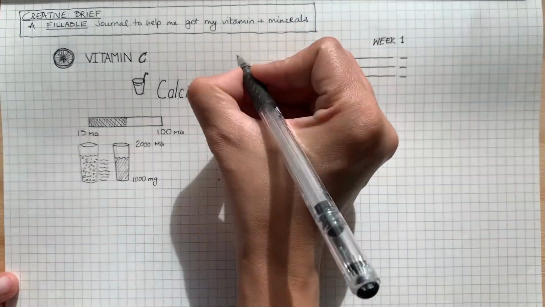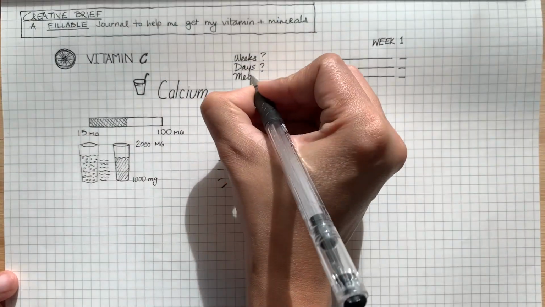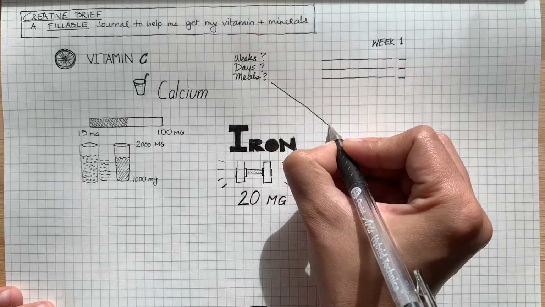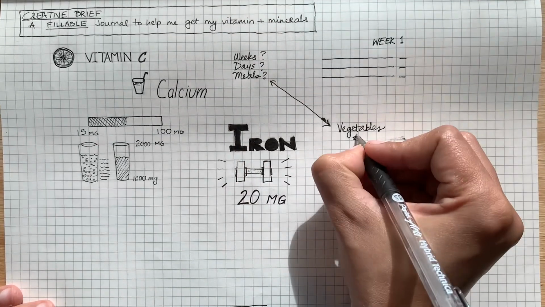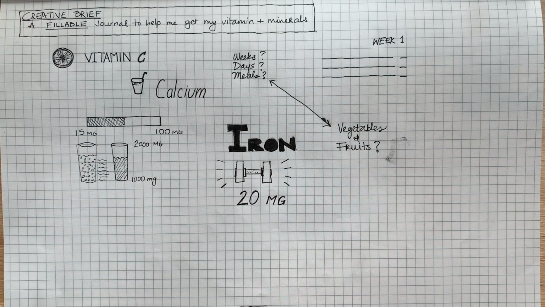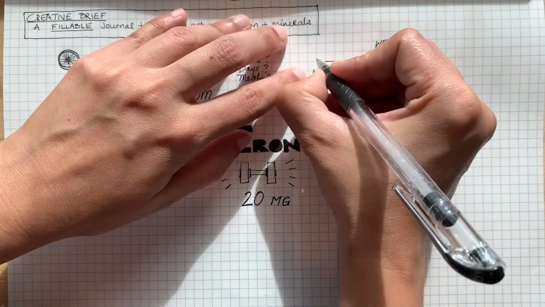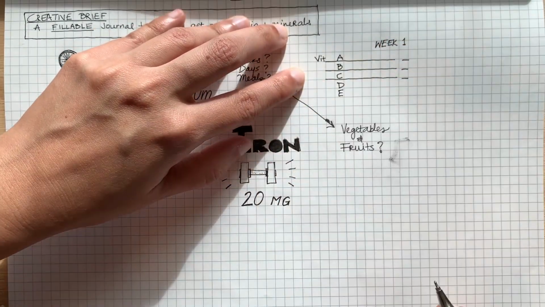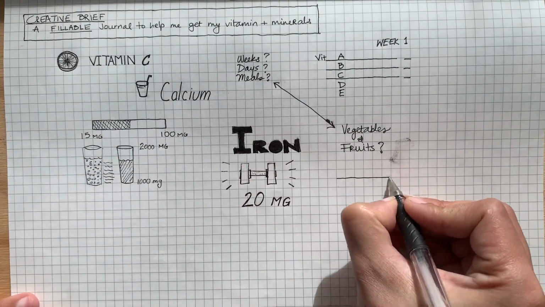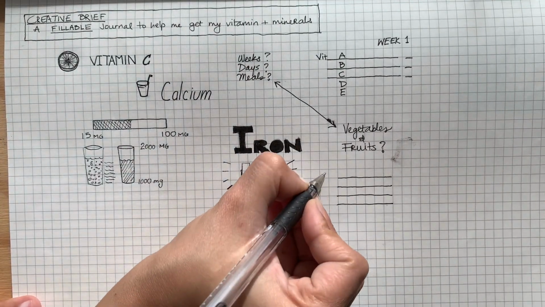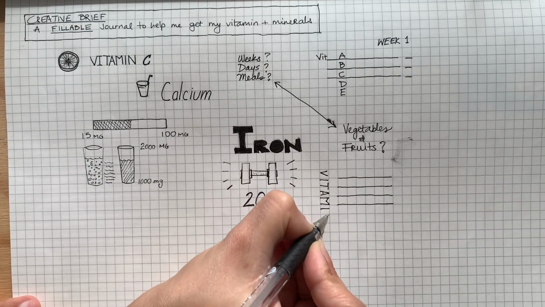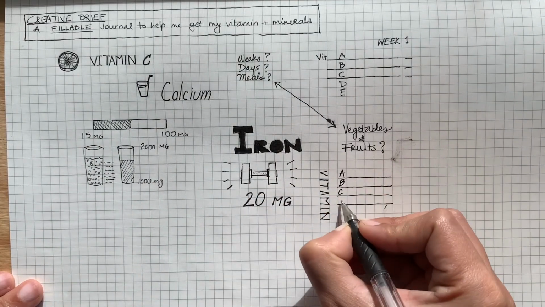And then I also wanted to think about how I want to organize this journal or tracker or whatever you want to call it. So I'm taking notes as well. I'm thinking, okay, do I want to track it per week? Do I want to think about days, what meals I'm eating, things of that nature.